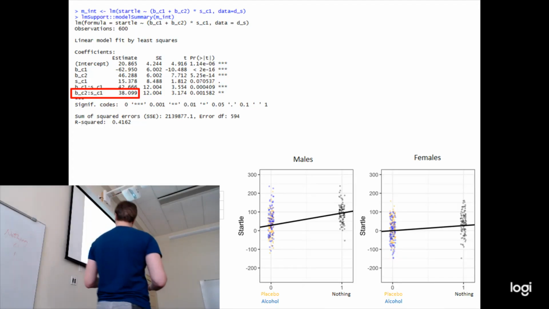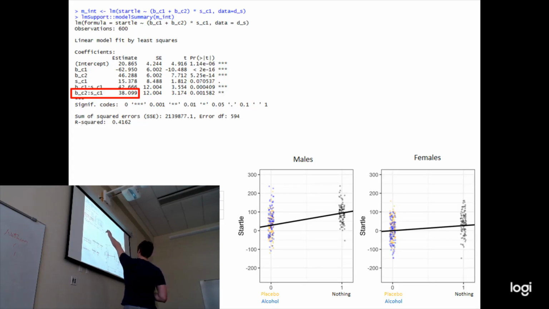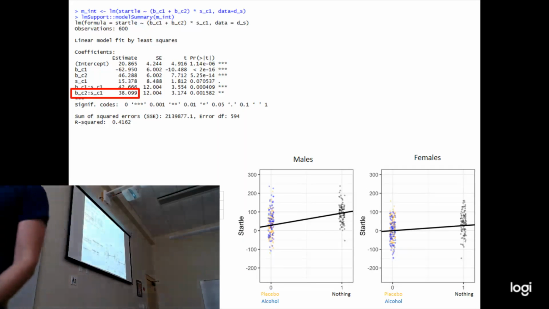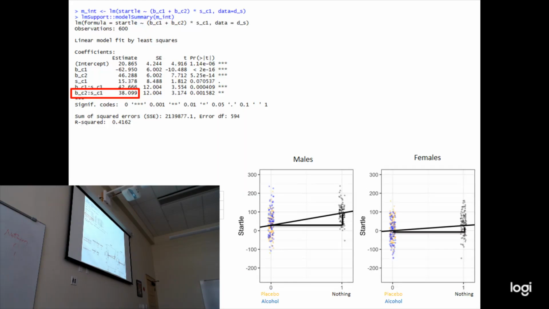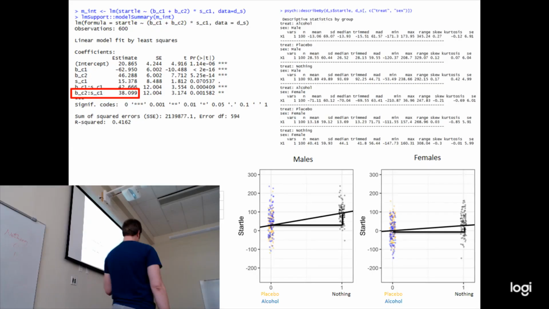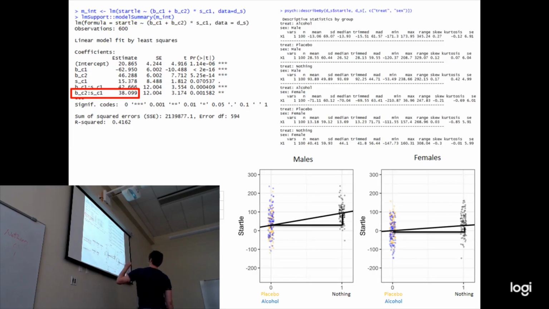So if you had to guess, how would this interaction term, the coefficient for C2 by participant sex, be represented on this graph? It's the difference in slopes. Yeah, absolutely. And which means do you think would be involved in the computation of that coefficient for the interaction?